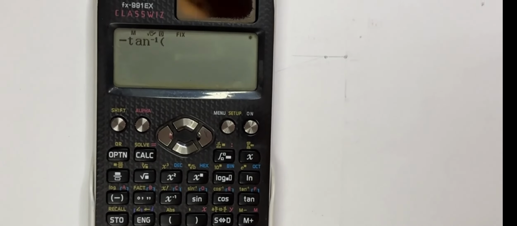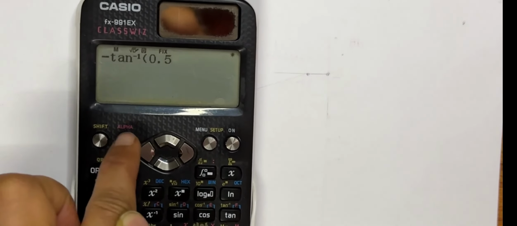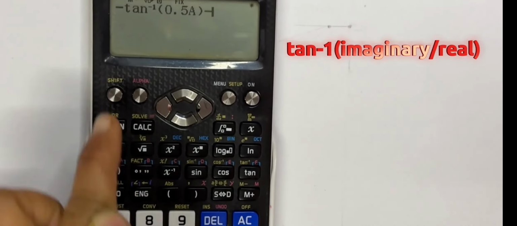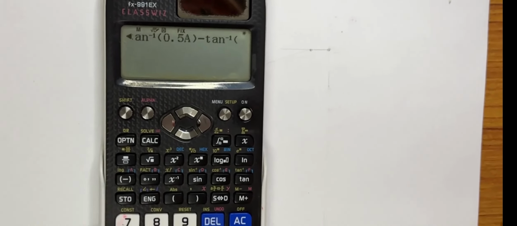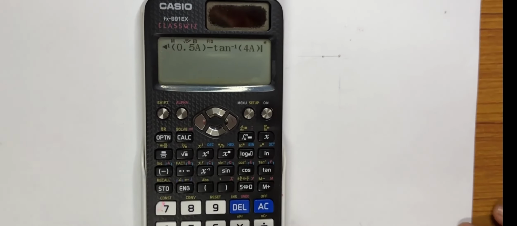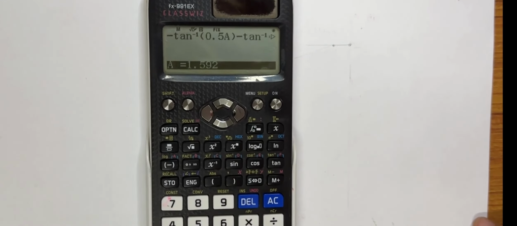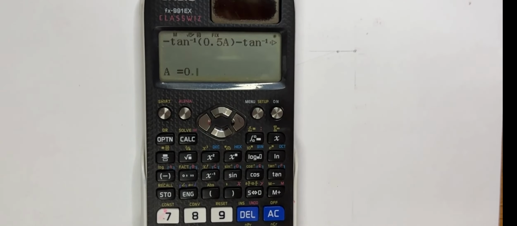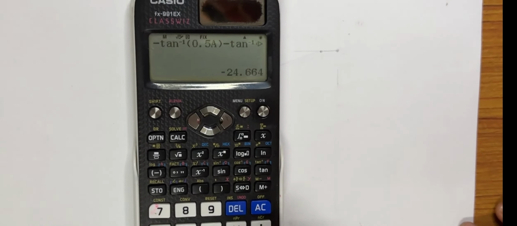So instead of omega we have placed a, then minus tan inverse 4 omega. Now omega and then bracket close, and you can press calc on the calculator and then substitute the different values as mentioned earlier.